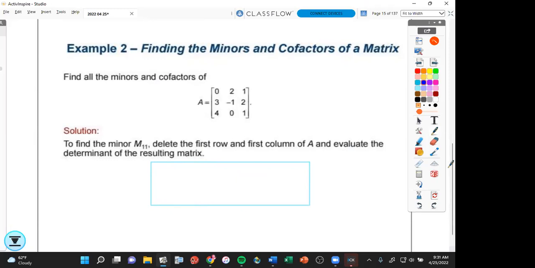To find the minor, if I was going to make a matrix, what I would do for row 1, column 1 is ignore row 1, ignore column 1. What is the determinant of what's left?